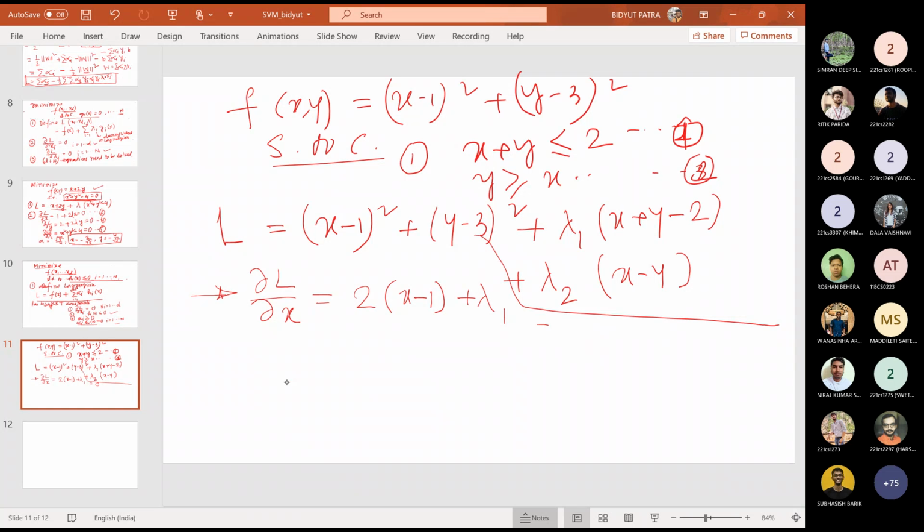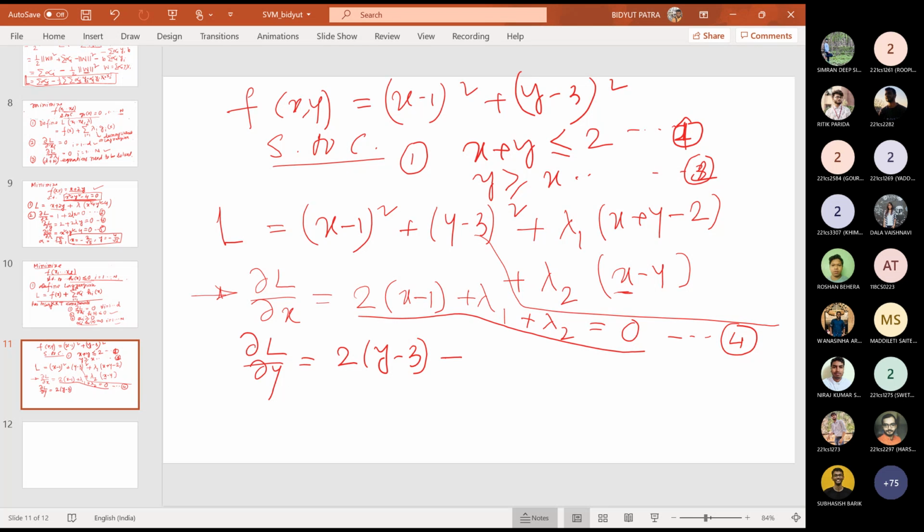Here I missed another thing: x is there, so lambda 2 is there. So this is one equation, equation number 4. Then delta L by delta y will be 2 into (y minus 3) plus lambda 1 minus lambda 2 equal to 0.